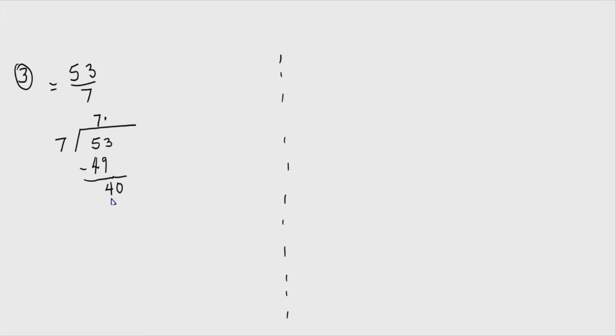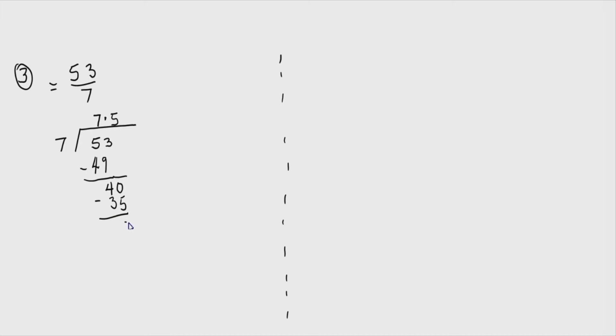Let's see. So 7 times 5 is 35, right? So 7 and 40 would be 5. 5 times 7 is 35, as we found out.